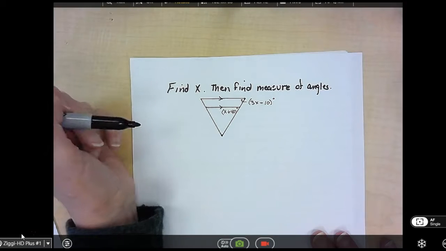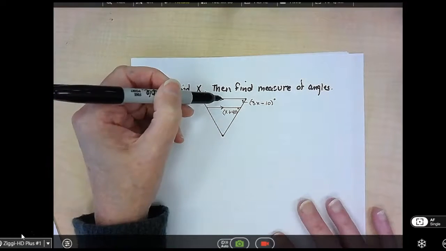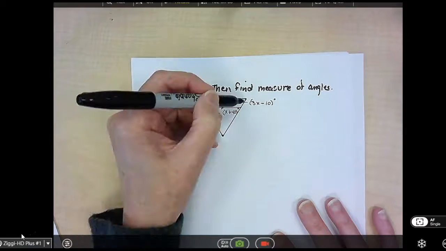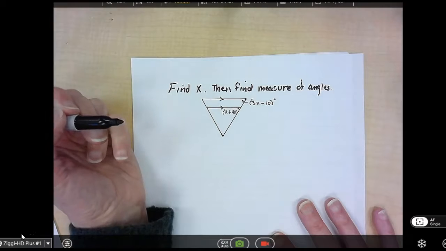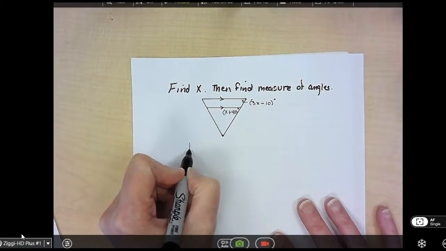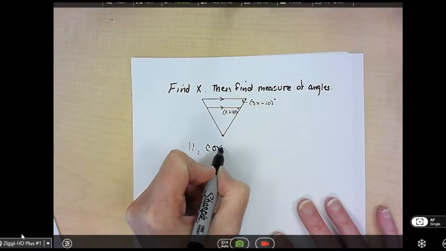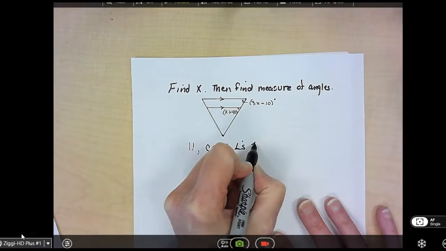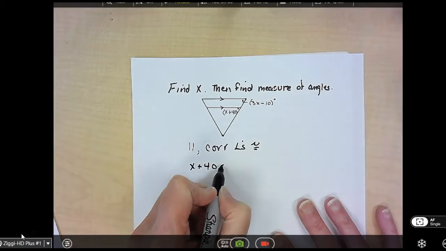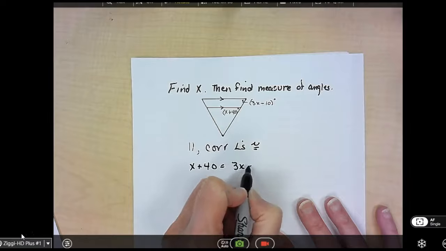Okay, this one, because it's drawn, you have angles that are given to you, find x, then find the measure of the angles. So if I look at my two parallel lines that are marked, this angle here and this one here are corresponding angles. So I know corresponding angles are congruent. When lines are parallel, corresponding angles are congruent. So x plus 40 has to equal 3x minus 10.